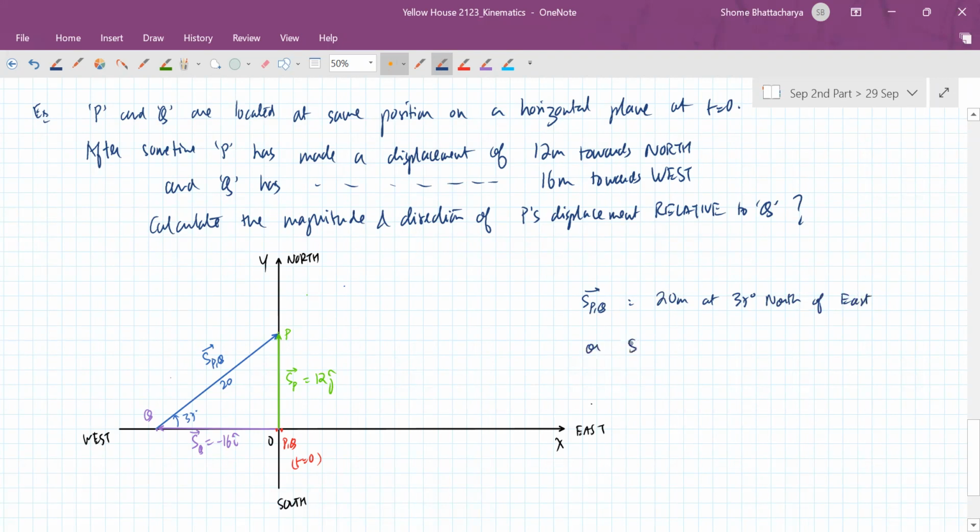Or we can say that displacement of P with respect to Q is 16 i cap plus 12 j cap, in vector form like this.